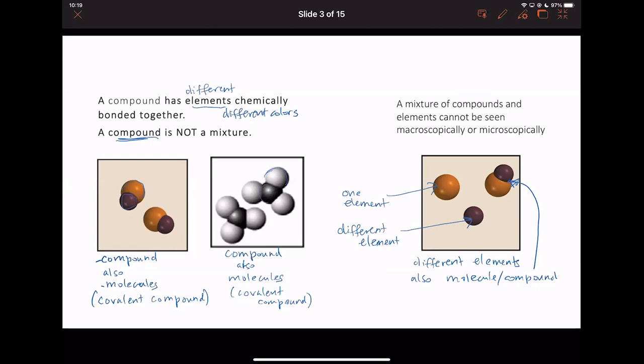And then you have, this is a molecule where those two elements have bonded together. When all of these are not bonded together, that makes it a mixture. Okay, so when you have a whole bunch of different things thrown together, that's going to be a mixture. Now we can't decide if it's heterogeneous or homogeneous when you're given the molecular view. So the definition of a heterogeneous mixture is really when you're not given a molecular view, when you're given a picture and you can see the different parts, okay? So this is just a mixture in general.